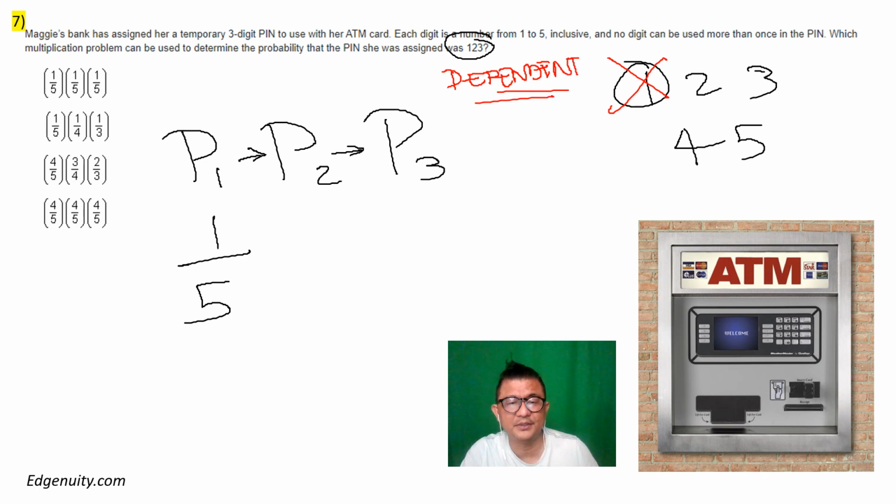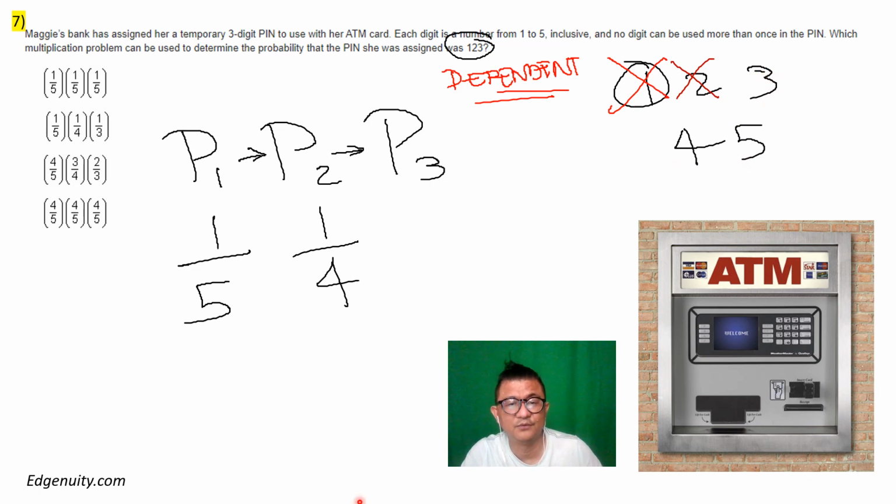Next, the probability of getting a 2. How many 2's do I have? There's simply 1. 1 out of how many? 1, 2, 3, 4. So let's write 1 out of 4, assuming that you already took the 1. You cannot use it anymore. So what's the probability of getting a 3? There's only 1 3 out of what? 1, 2, 3.